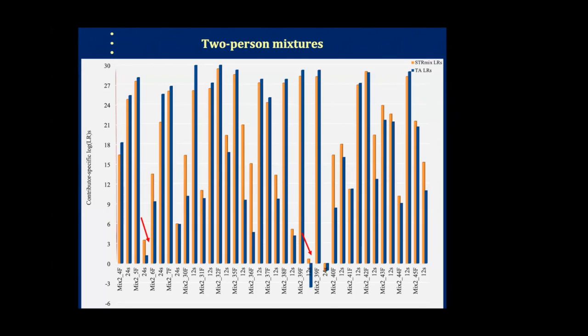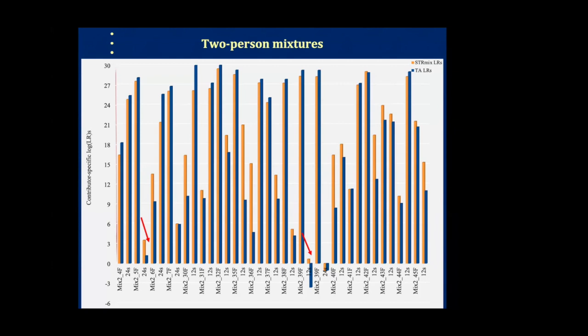You can see they track pretty well with each other, with some differences in magnitude. Just a reminder, our inconclusive or uninformative zone is plus or minus log 3.